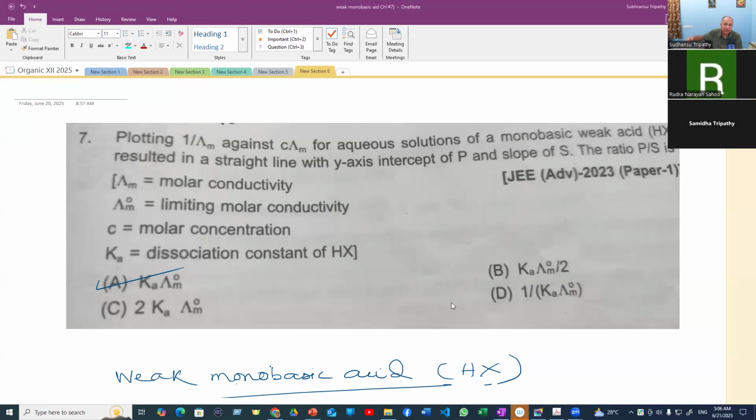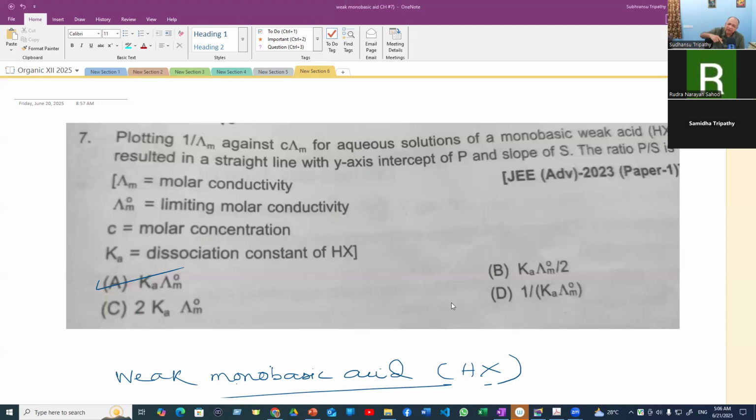For weak electrolytes, even if it is strong electrolytes, graph may not be linear, but 1 by lambda versus root C will not be giving negative slope. But this is 1 by lambda. As lambda increases with decrease in concentration, that means the slope will be negative.